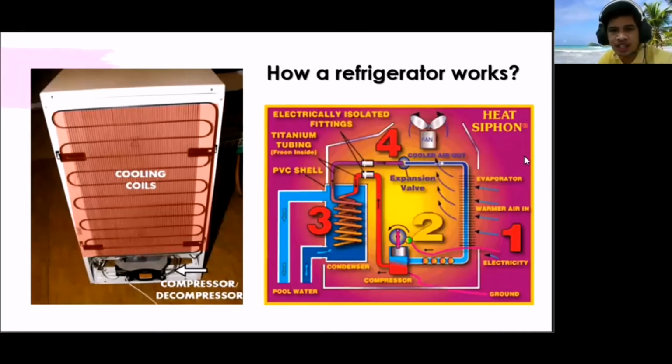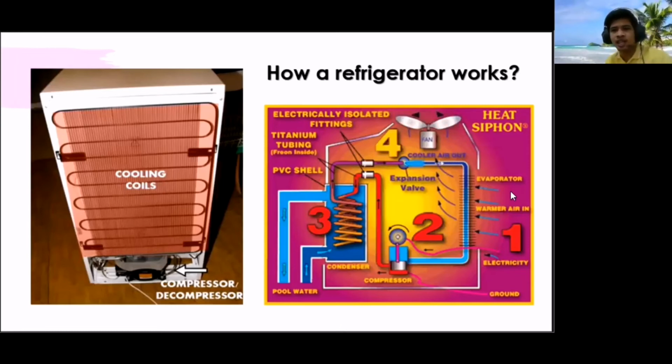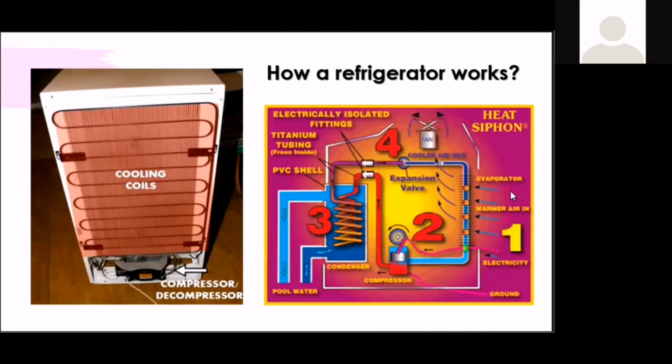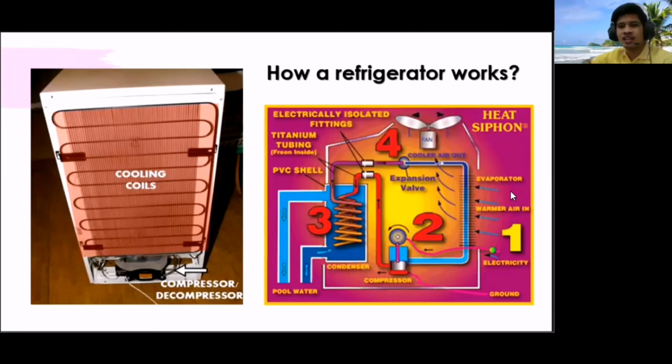Let's say one here is the inside of the refrigerator. It works by taking the heat from the inside of the refrigerator and depositing it on the outside. Meaning we pump the heat from the inside of the refrigerator to the outside, from one place inside to another place outside.